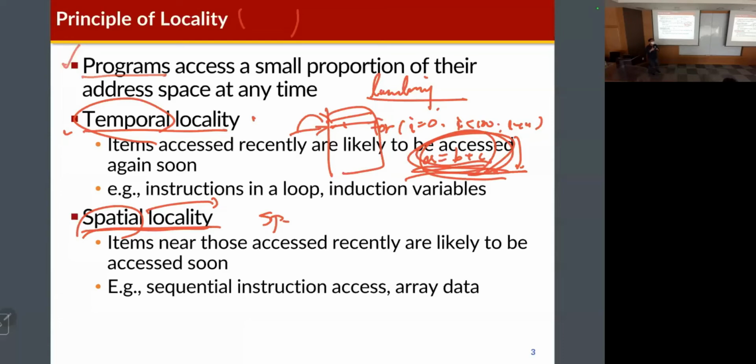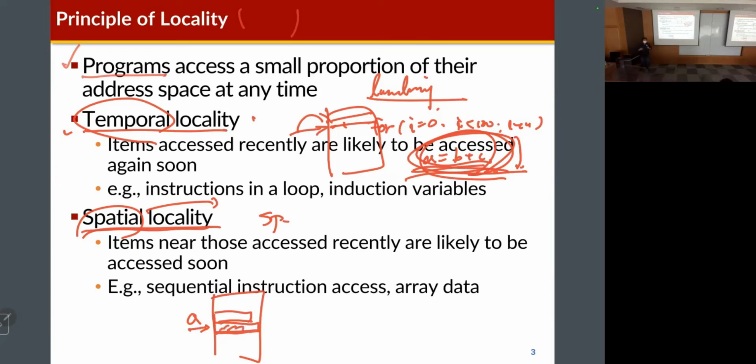That is the meaning of spatial locality. So this is a certain data, and this data is stored in the memory here. And then the same program will access the neighbor data in the near future.